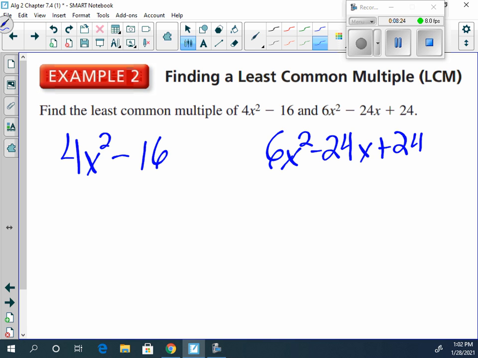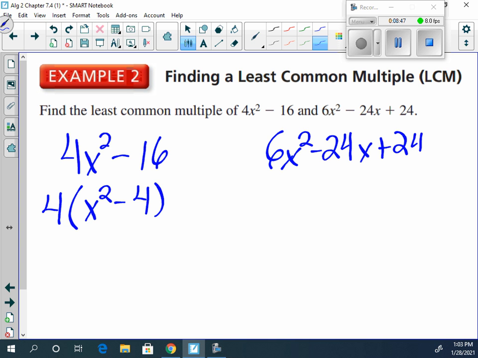So when I look at 4x squared minus 16, how can we factor this? We can take out a 4. Because if I factor a 4 out of 4x squared, I'm left with x squared. If I factor a 4 out of 16, I'm left with 4. Yes? And essentially, we're dividing each term by the greatest common factor.